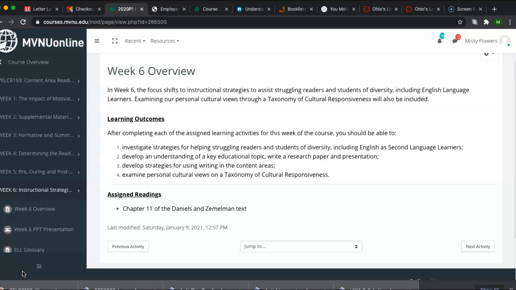Chapter 11 in our text, Subject Matters, is what your assigned reading is for this week. It is Help for Struggling Readers.